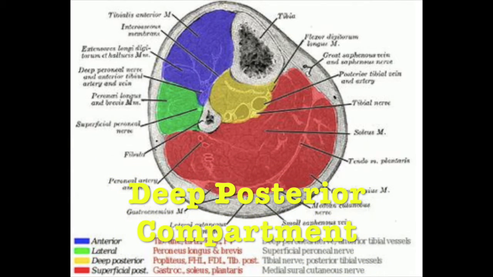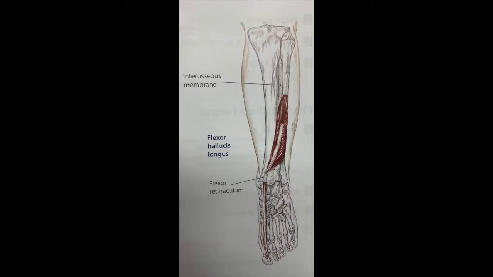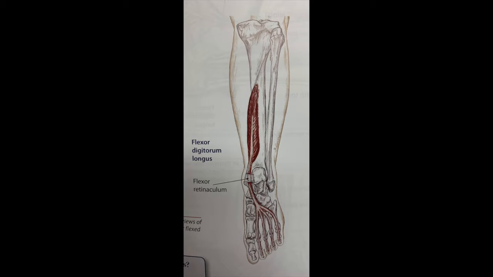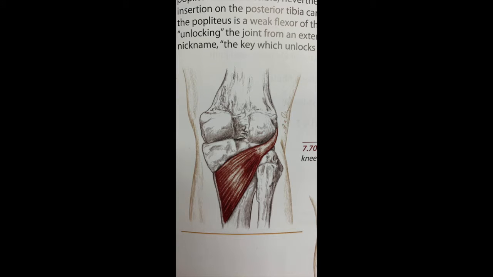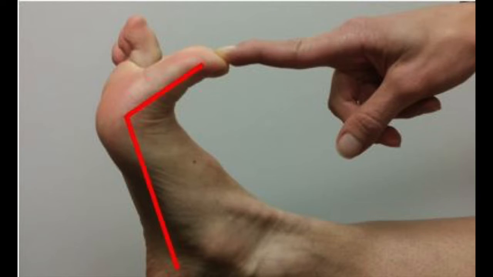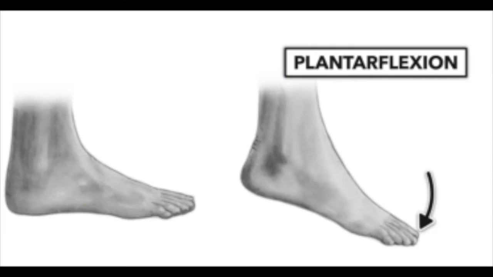Next, in the deep posterior compartment, there are 4 muscles: the flexor hallucis longus, flexor digitorum longus, tibialis posterior, and popliteal muscles. The flexor hallucis longus' main action is the flexing of the big toe, and it helps with plantar flexion of the ankle.